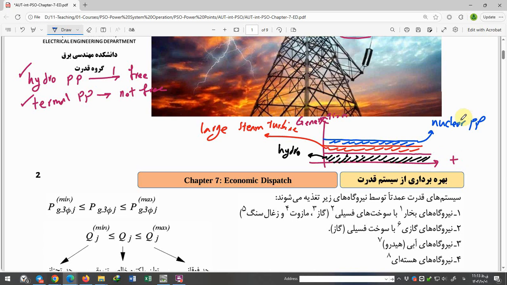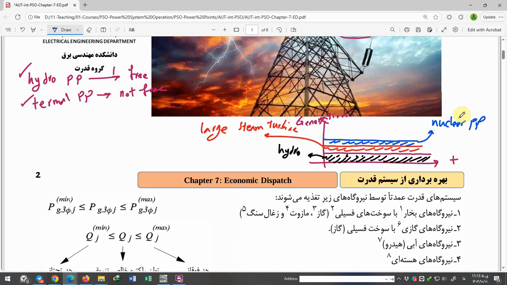Because of the basic concept of nuclear power plants, you cannot change the output power of a nuclear power plant in a wide range, and you should let the nuclear power plant work continuously without any interruption unless for overhaul procedures.